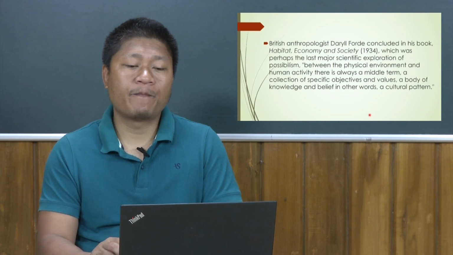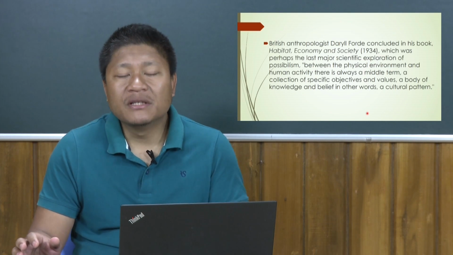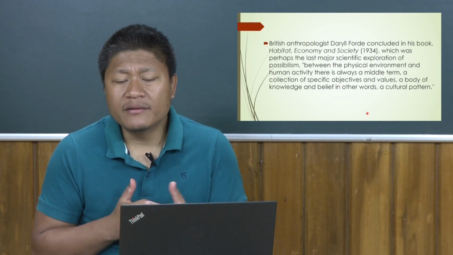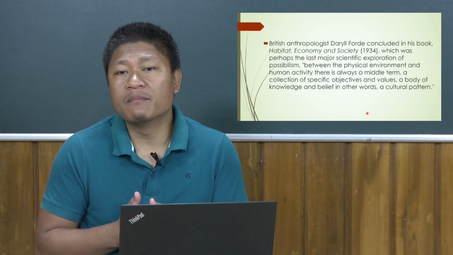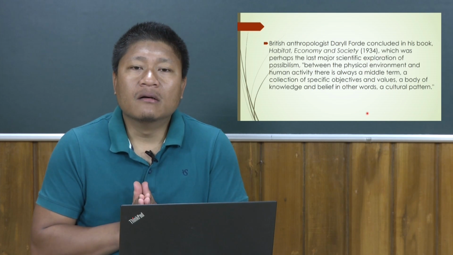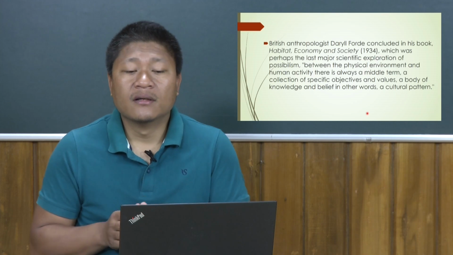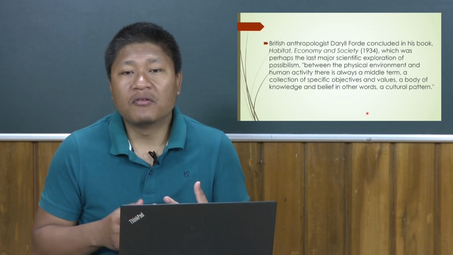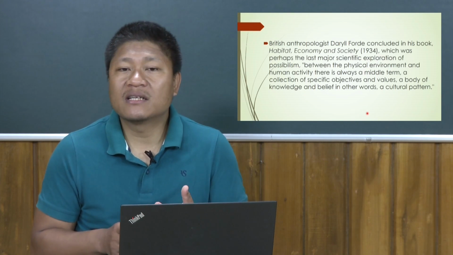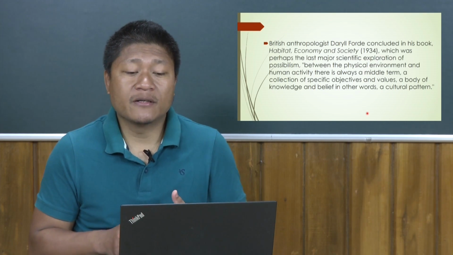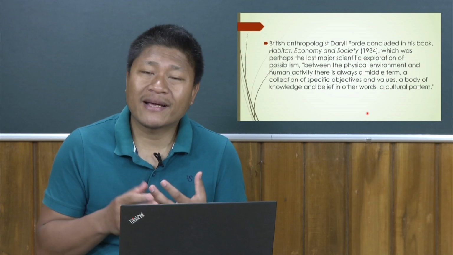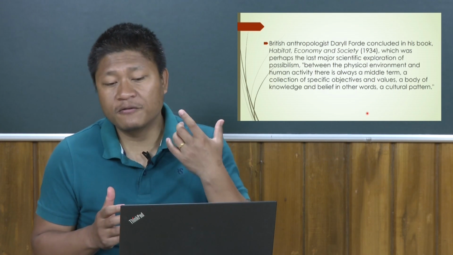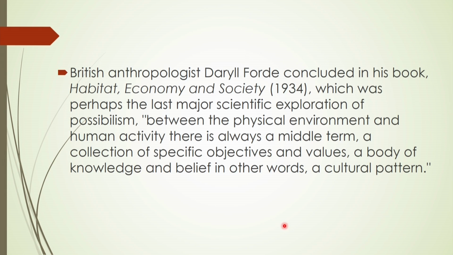Now, if you look at the works of the British anthropologist Daryll Forde, in his book Habitat, Economy and Society, published in 1934, he tries to look at the scientific exploration of possibilism, that is, between the physical environment and human activity. In that, he argued that there is always a middle term, that is, a collection of specific objectives and values, a body of knowledge and belief, in other words a cultural pattern.